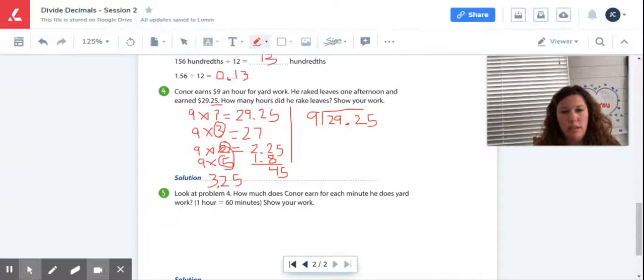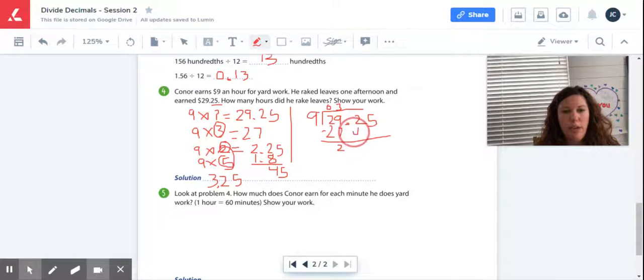Not gonna let me do it. Okay, well, we already know that 9 is gonna go into 29 3 times. This would be a 0 because 9 will not go into 2. And 9 times 3 is 27, so I'm gonna subtract that. And we get 2 left over.